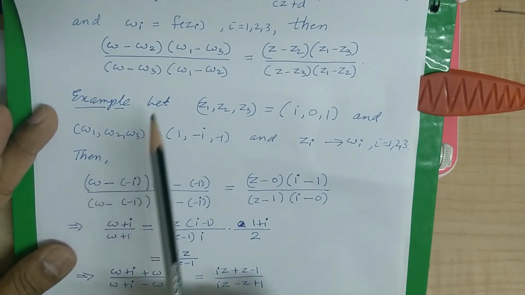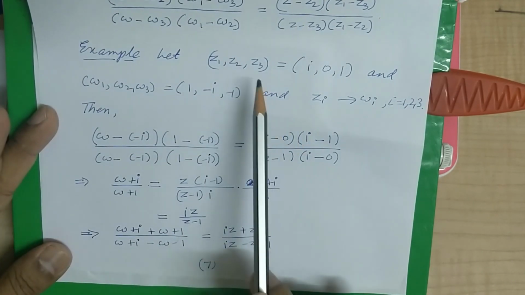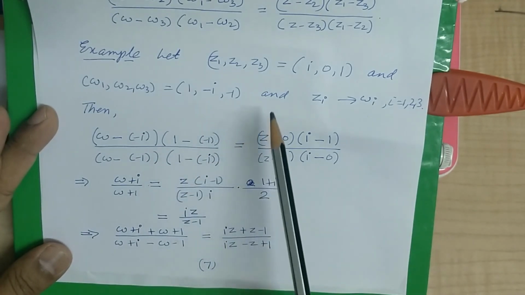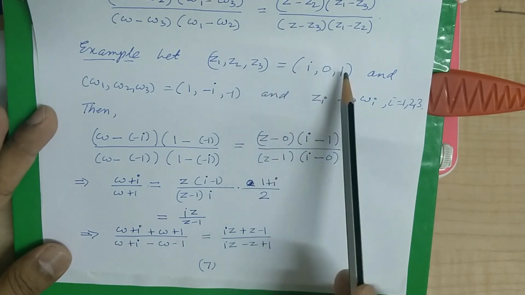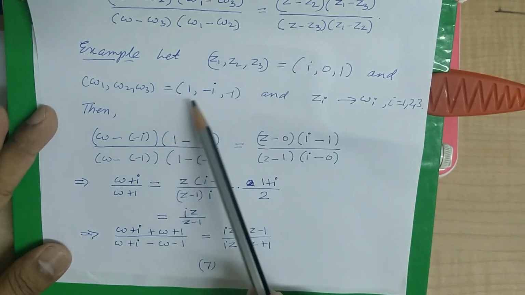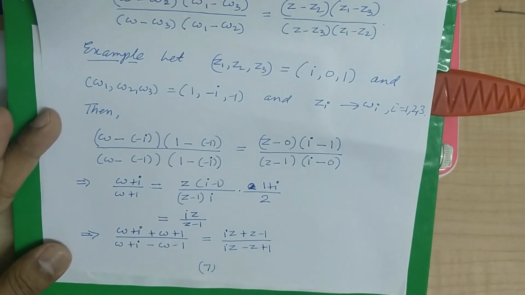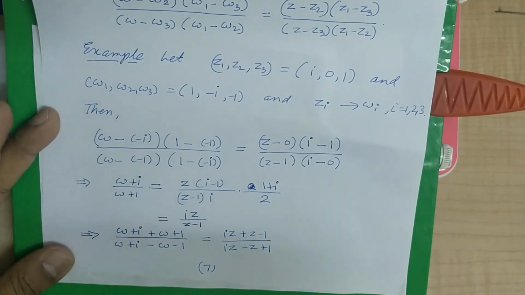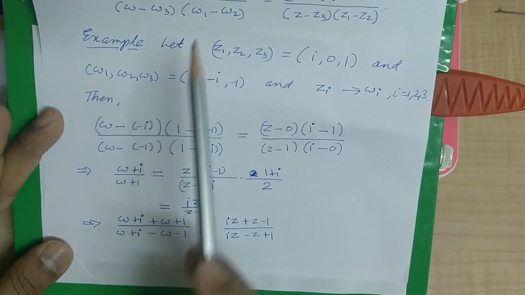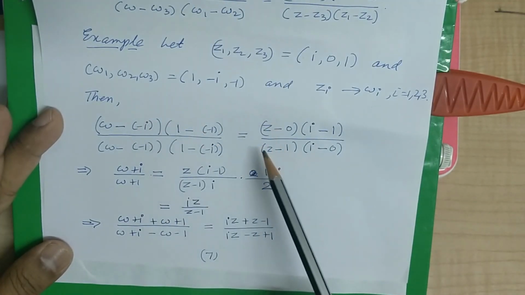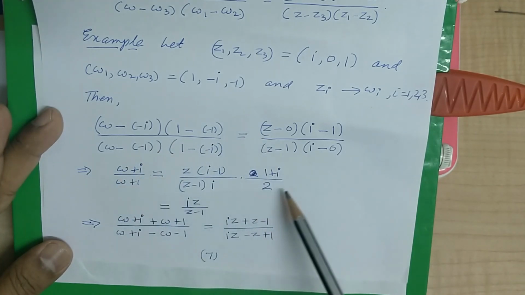All right, let us look at an example. I take the same set of three points, i, 0 and 1. So z1 is i, z2 is 0, z3 is 1, and they are mapped to 1, minus i and minus 1. Just apply this mapping to this, and after some simplification, you get an equation like this.